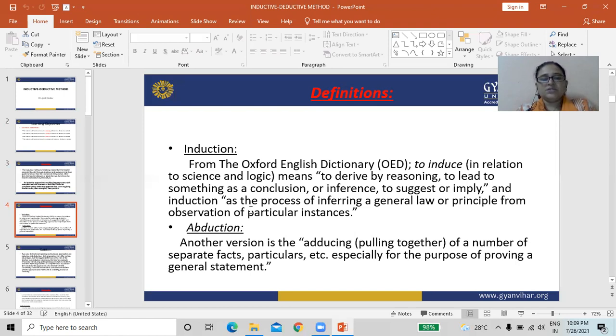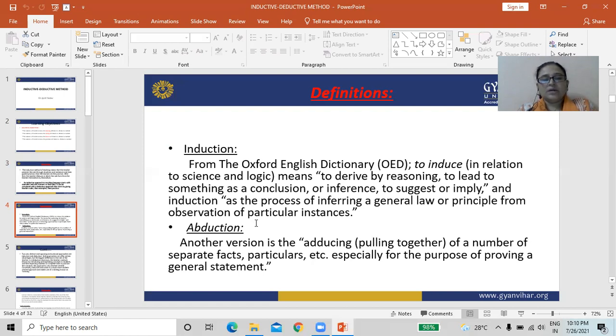And induction is the process of inferring a general law or principle from observation of particular instances.